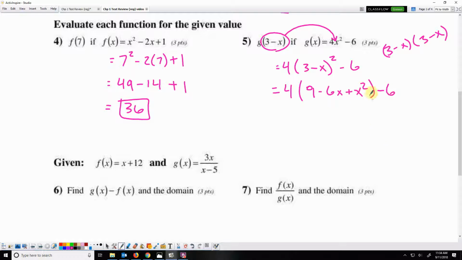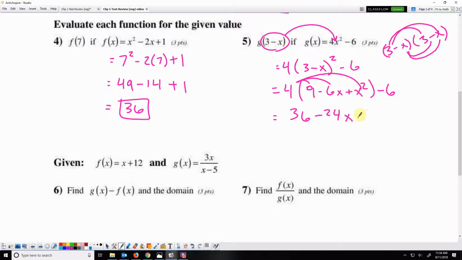Okay? So this in parentheses comes also from 3 times 3 is 9. Minus 3x minus 3x is minus 6x. And negative x times negative x is positive x squared. Distribute the 4. So we've got 9 times 4. And then negative 6x times that 4.